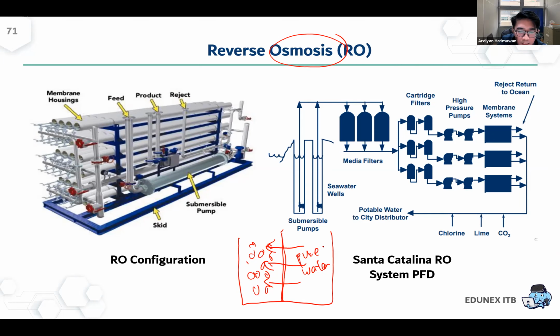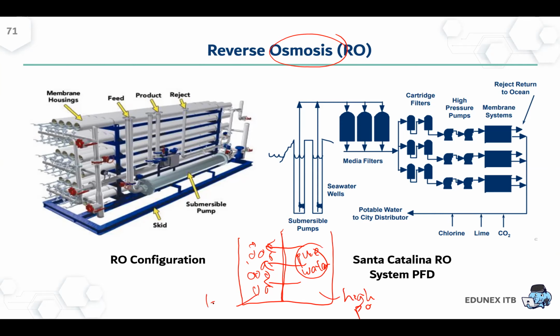Actually it should be low potential to high potential, am I correct? Sir, from what I've been taught, the high water potential is pure water. Pure water, yeah. Okay, then this is high potential, this is low potential. But basically the one that moves is the water. So water will move from here to here through the membrane.